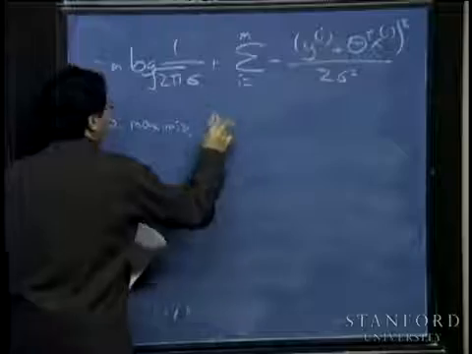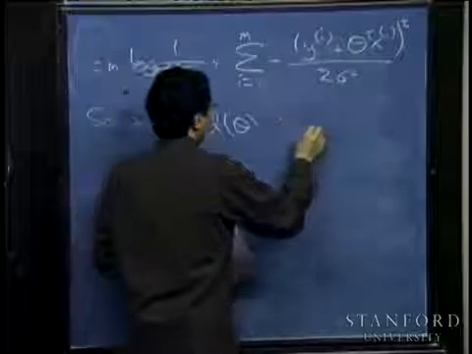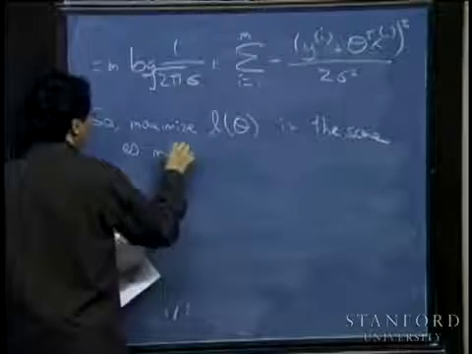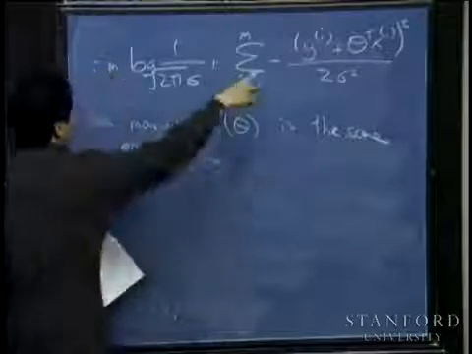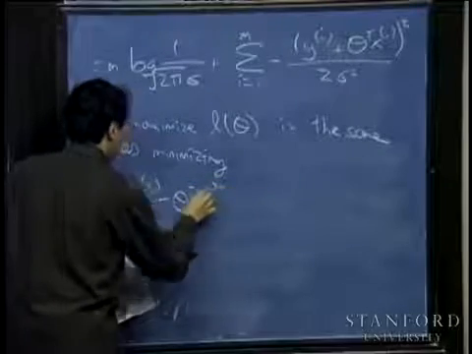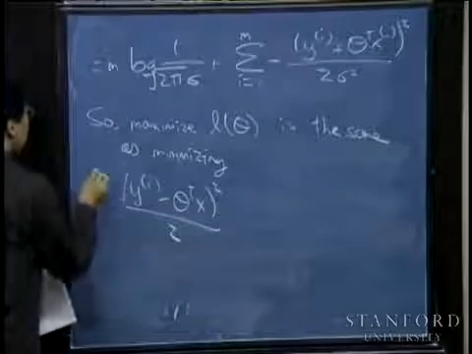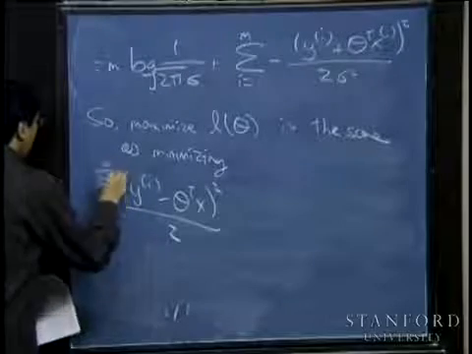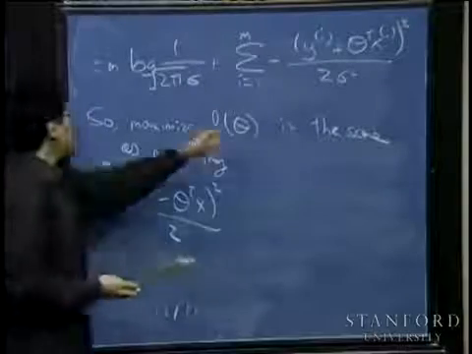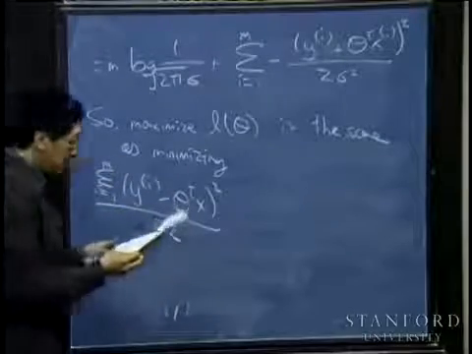So maximizing the likelihood, maximizing the log likelihood, is the same as minimizing that term over there. Because there's a minus sign, maximizing this is the same as minimizing this as a function of theta.